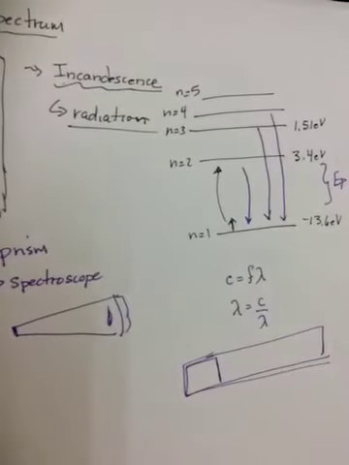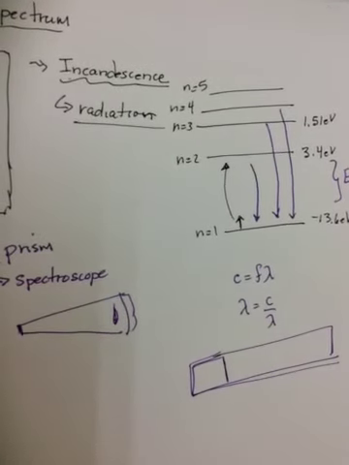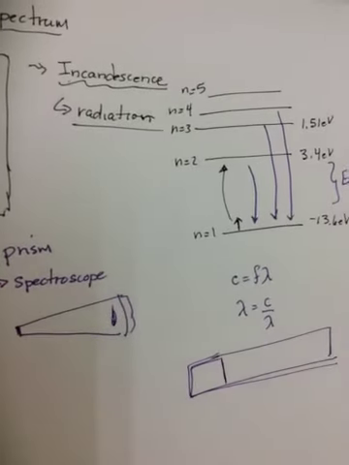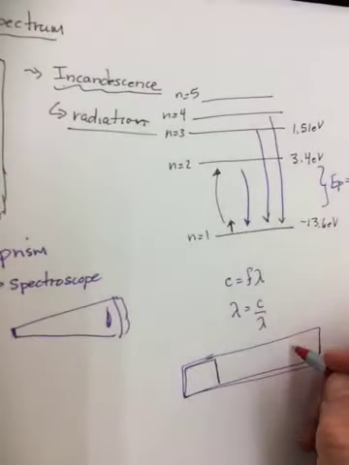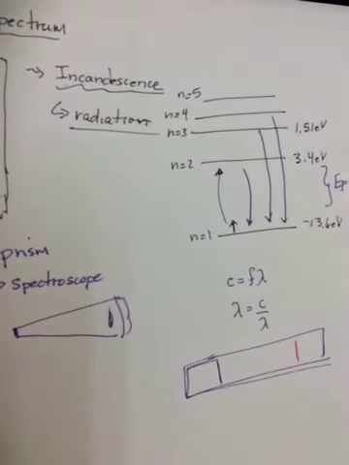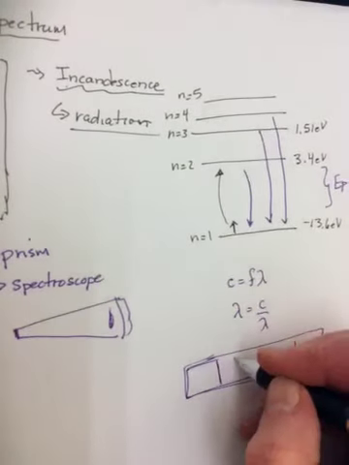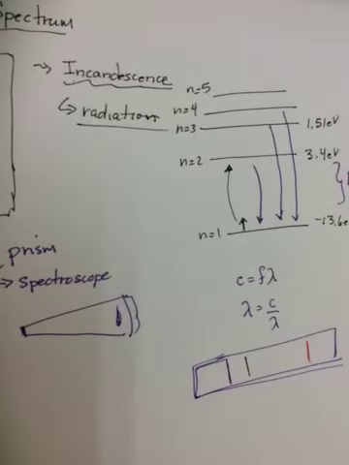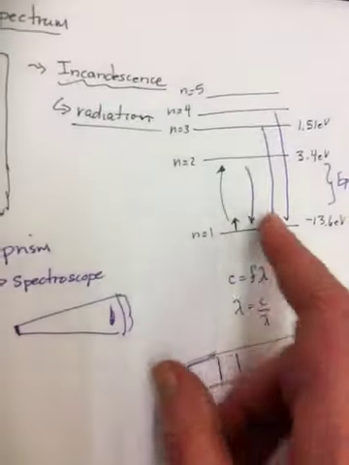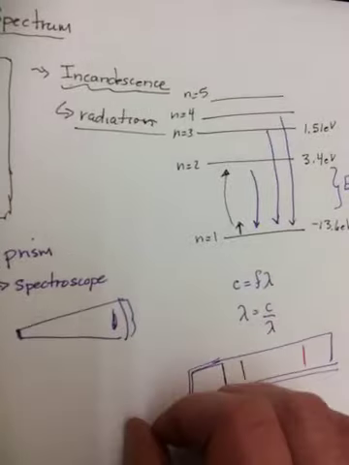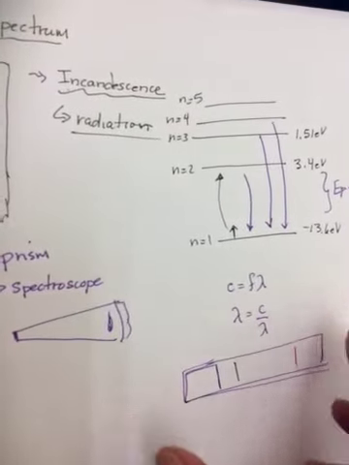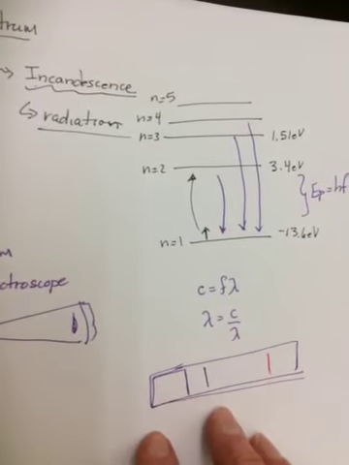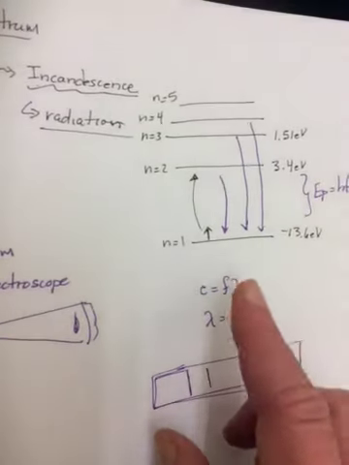There might be a purple, a blue, a red, and actually there's also a green if we're talking hydrogen, in the visible range. Now in reality there will be a whole bunch of other lines in the ultraviolet range and in the infrared range, but we won't be able to see them, okay?